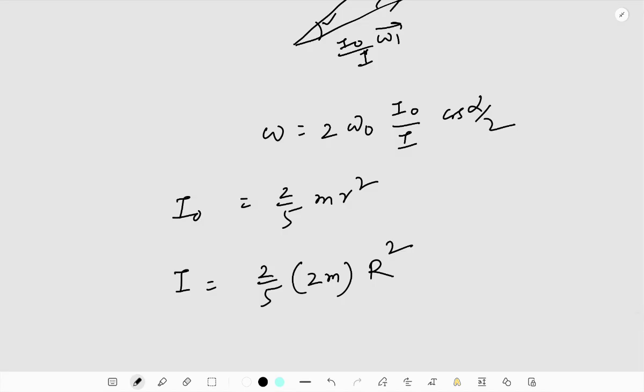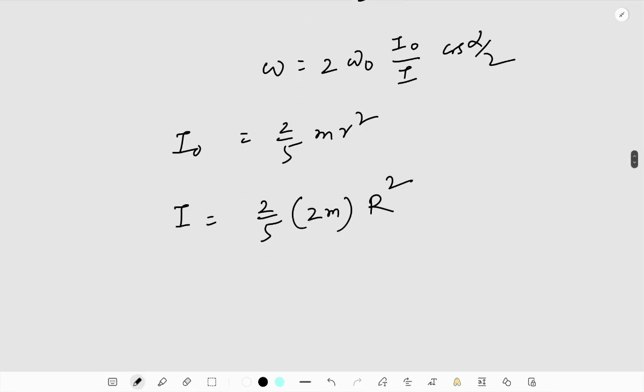To find the value of R, you know what to do. Their densities are the same, and density is mass per unit volume, so mass is equal to density multiplied by volume.